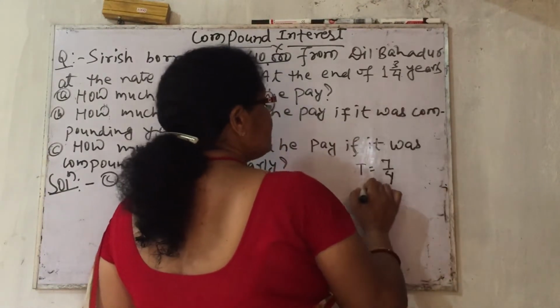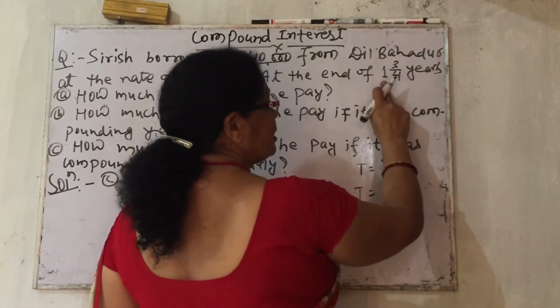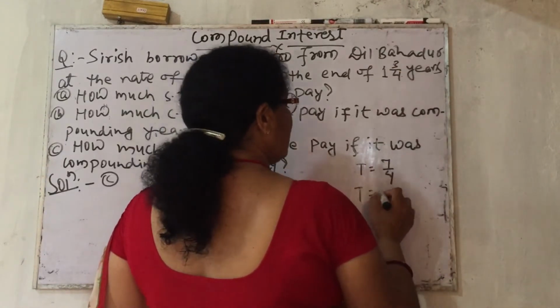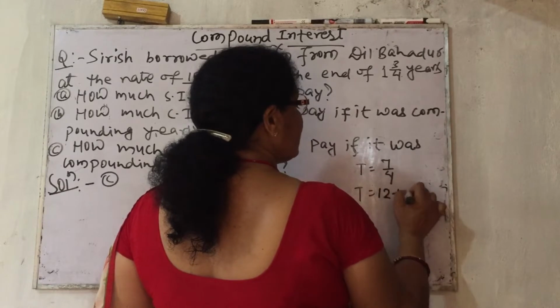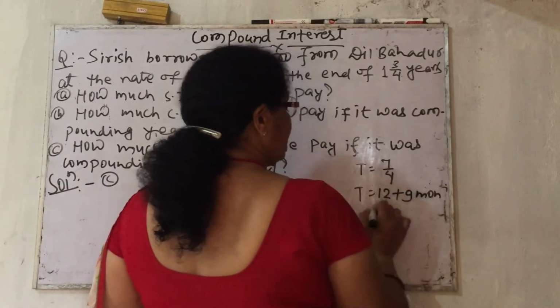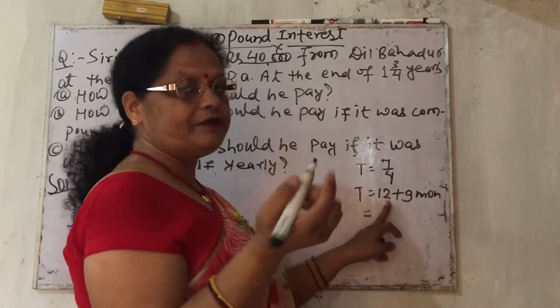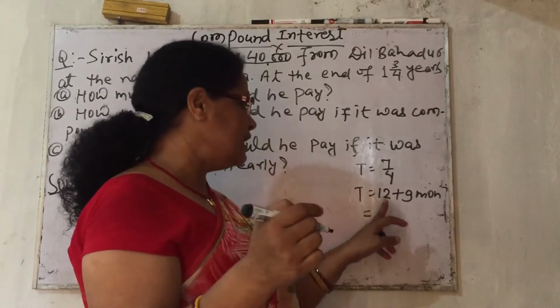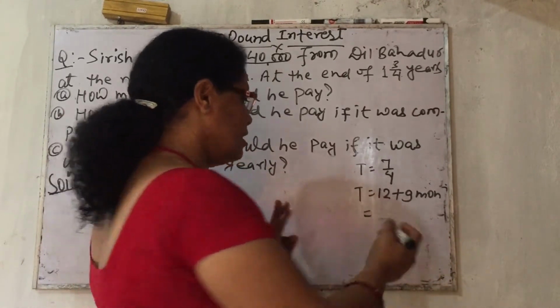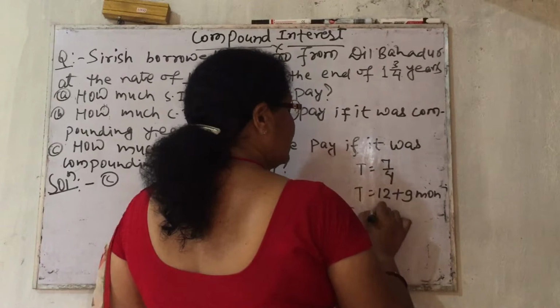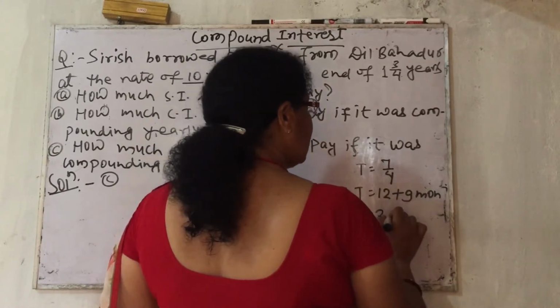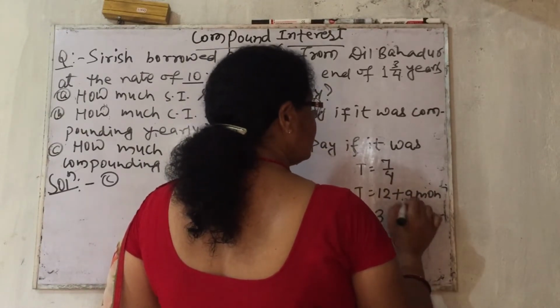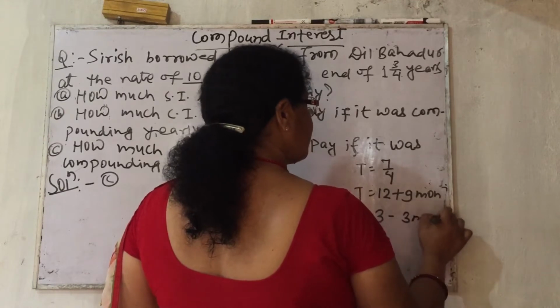Or it is T equal to 12 months and 9 months. Means 12 months plus 9 months. Then 12 months, if we are calculating semi-annually, then it will be 2 and 1, 3. Means altogether it will be 3 years and here 3 months left.